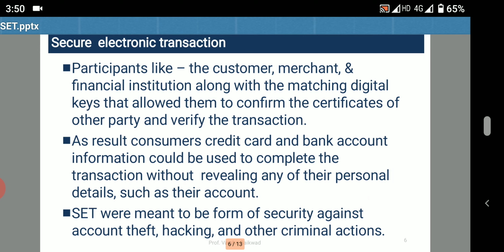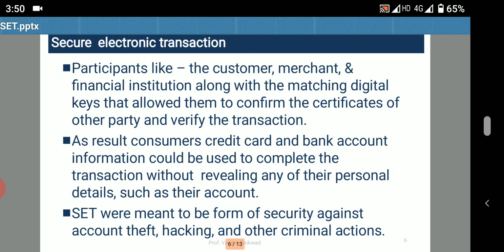As a result, the consumer's credit card and bank account information could be used to complete the transaction without revealing any of their personal details, such as their account number.